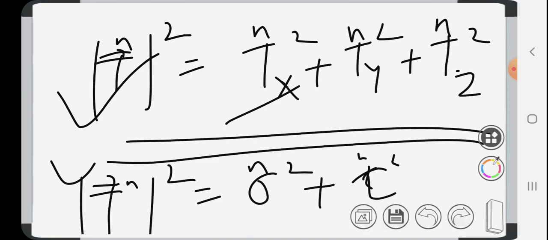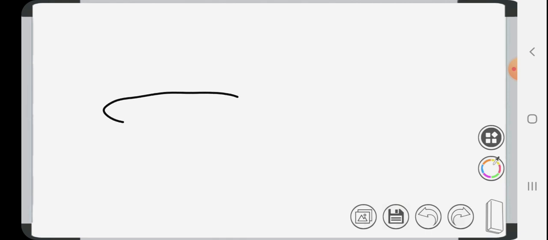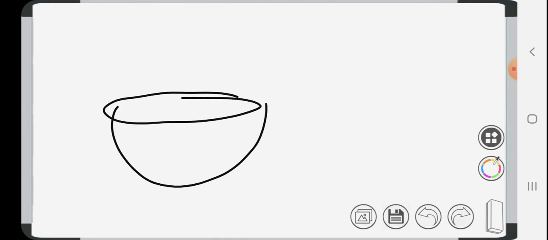So for the Cartesian coordinate system, suppose we have a section like this.